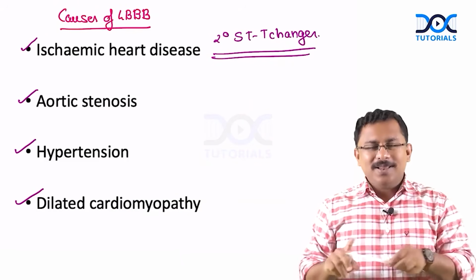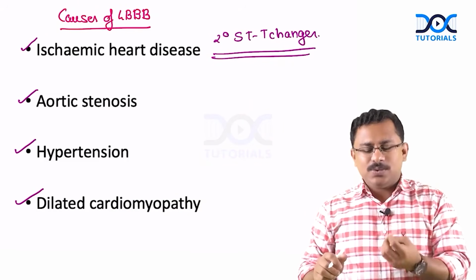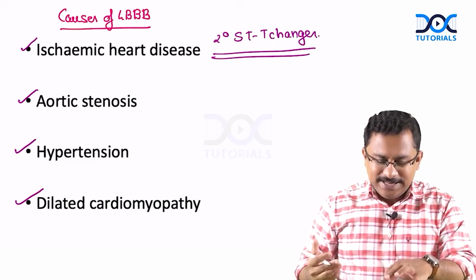So then you will have to determine, are these STT changes secondary to the primary QRS abnormality, or is there a separate abnormality there? However, if you have a normal or a narrow QRS and then STT changes, it is likely to be a primary abnormality involving the STT region. I hope that point is very, very clear.